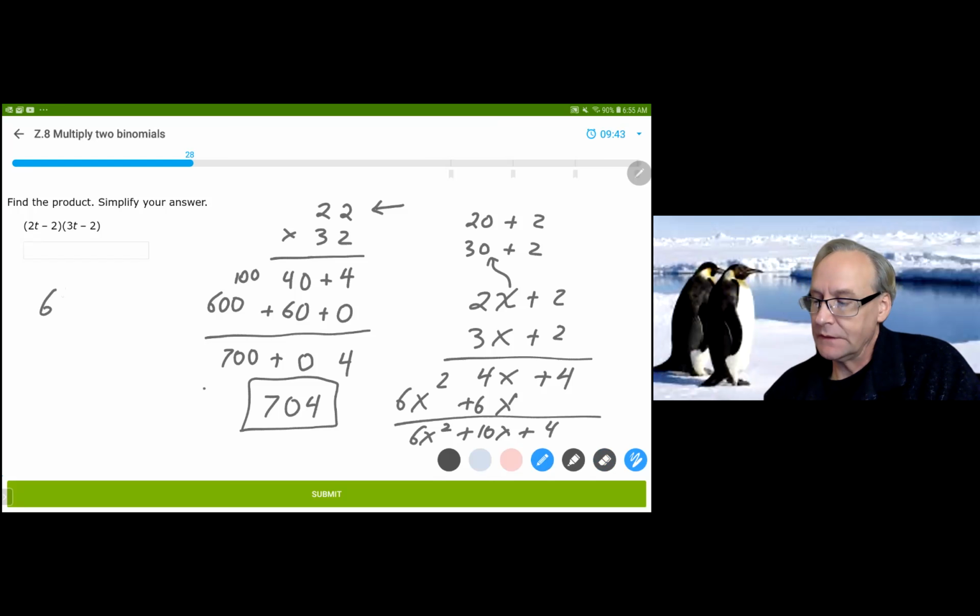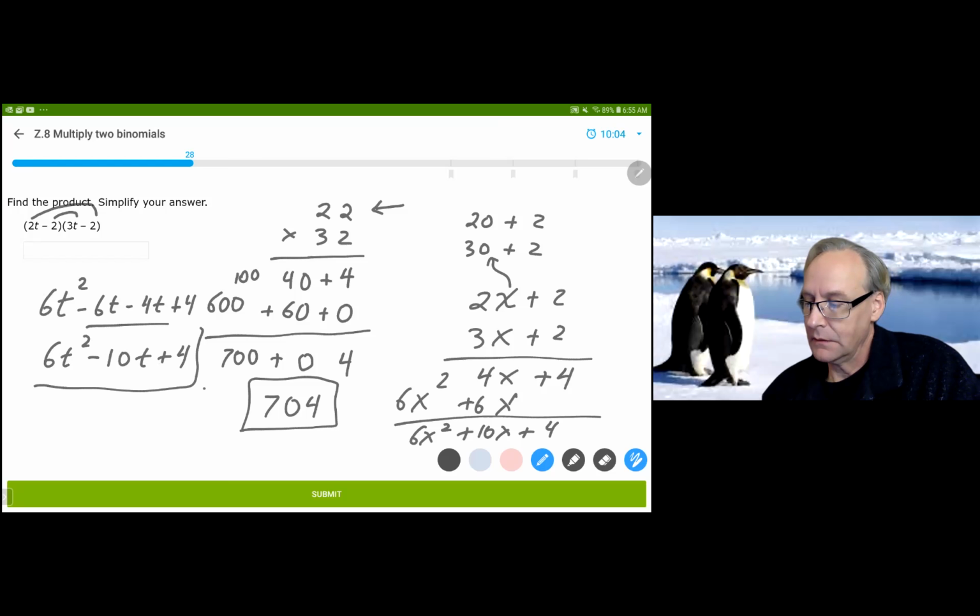I have 6t squared. I have minus 6t minus 4t. I should probably put them in order, plus 4. Here's our 6t squared minus 10t plus 4. And there it is.